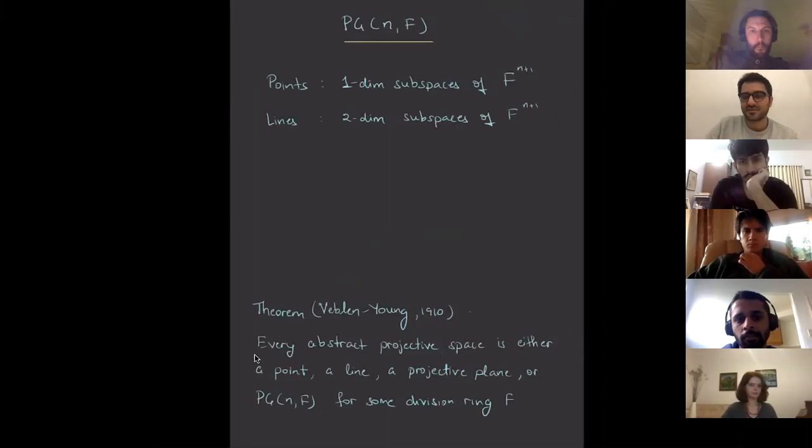And from this definition, you can very easily directly define what PG(n, F) is. So the n-dimensional projective space over any field F is just a point-line geometry, a linear space where the points are one-dimensional subspaces of this (n+1)-dimensional vector space, and your lines are two-dimensional subspaces of this (n+1)-dimensional vector space.